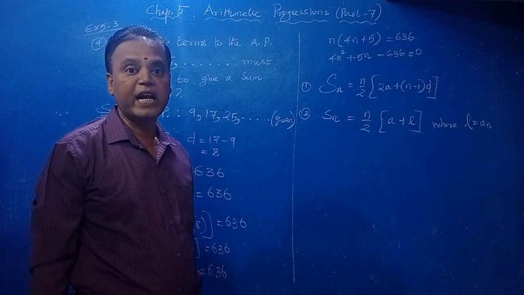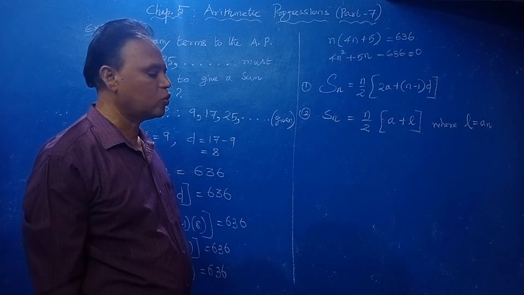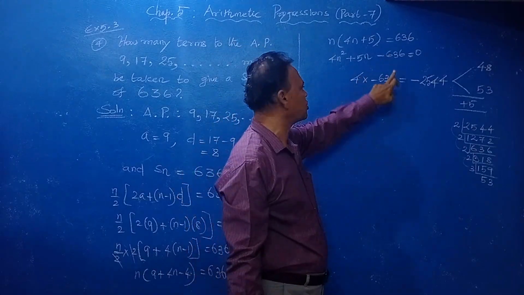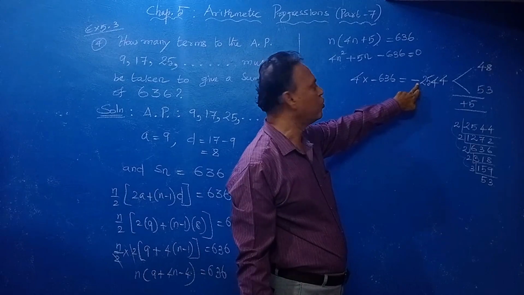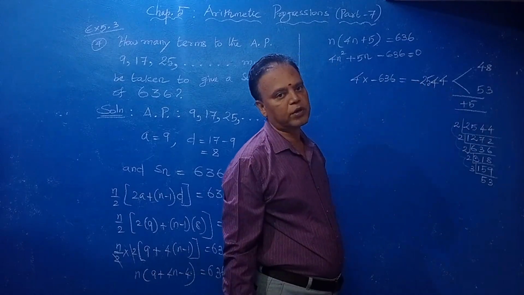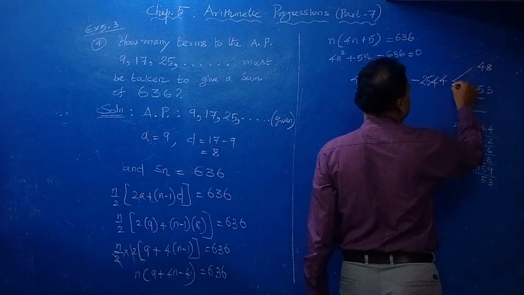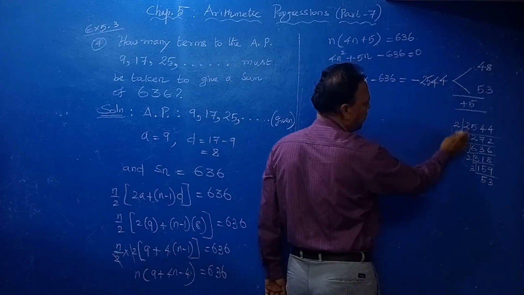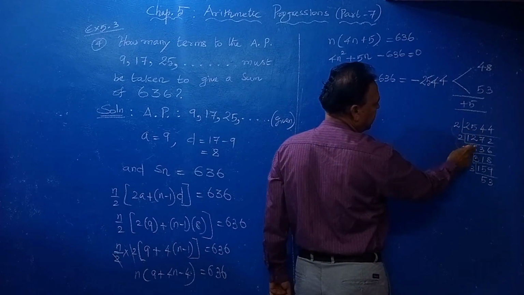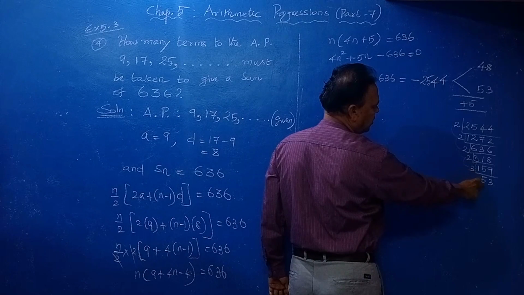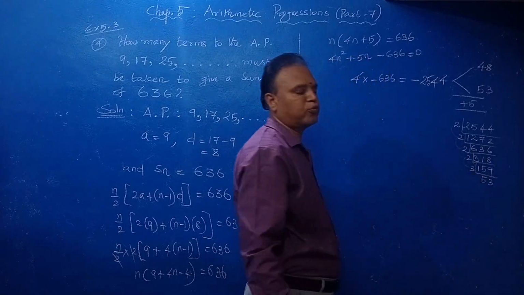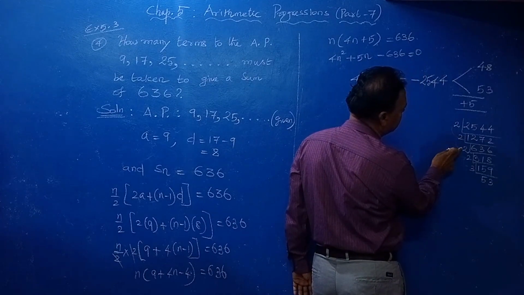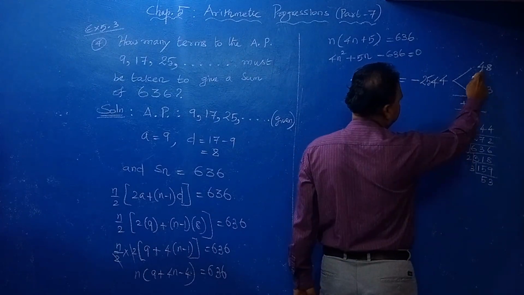So to find the n value you have to factorize. First, multiply the n squared coefficient into the constant term, that is minus 2544. You have to split it into two factors so that you get the middle term plus 5. To factorize: 2 times, again 2, 2, 2, 3 times, and 53 is prime. Multiply: 2 into 2, 4, 4 into 2, 8, 8 into 2, 16, 16 into 3, 48, and 48 into 53.